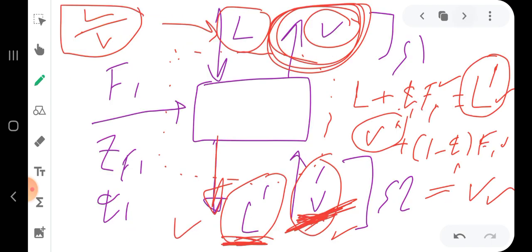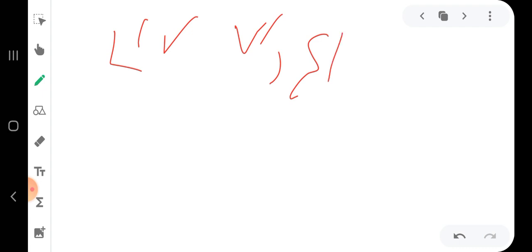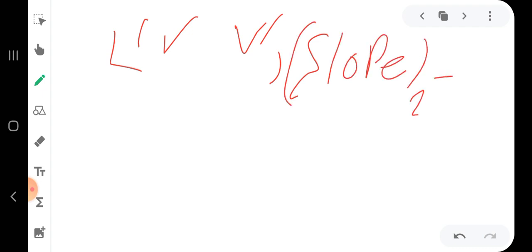Once we know L dash and V dash, we can determine the slope of section number 2, which is L dash over V dash.